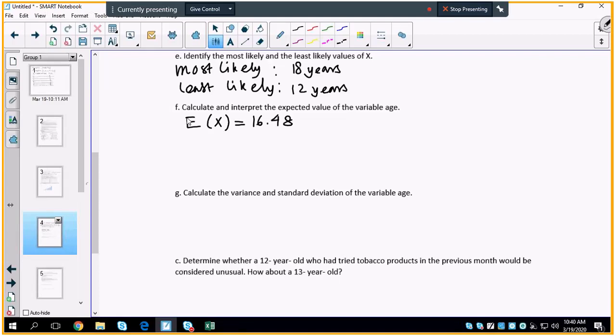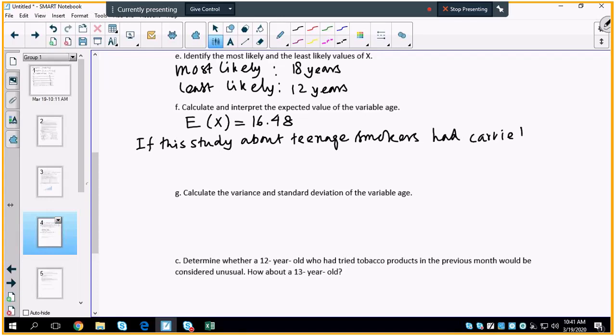How do I interpret this? Remember, this is long run. So we'll say if this study about teenage smokers, I'm saying smokers, but this is anyone who has used tobacco products, had been carried out for a longer period of time. Remember what I told you. Theoretically, this is an infinitely long time, but theoretically and practically are different.